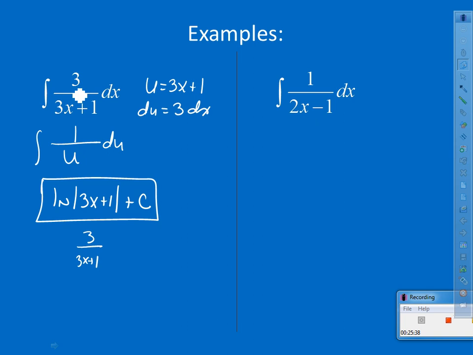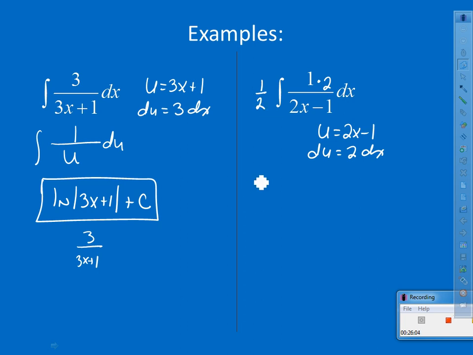Here's your number 11. I'm going to let u equal 2x minus 1. That means du is 2 dx. So I need to see a 2 dx. To do that, I need to put a 2 right here, which means I need to offset it with a 1/2.